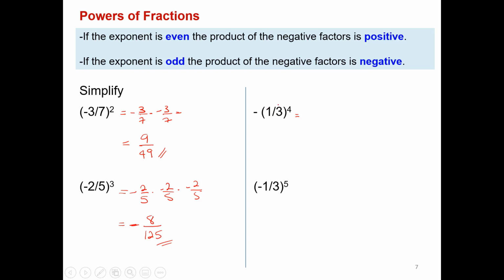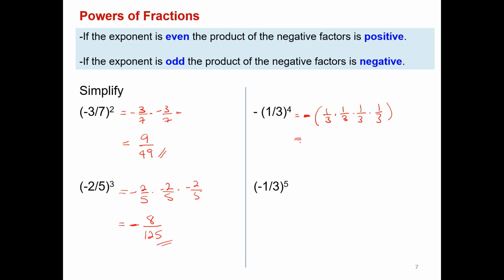If the negative sign is not inside the parentheses, what we have to do is keep this negative sign and solve what we have inside the parentheses. The base is positive, so we multiply how many times? 4 times.